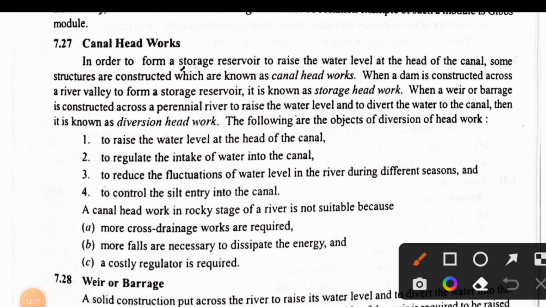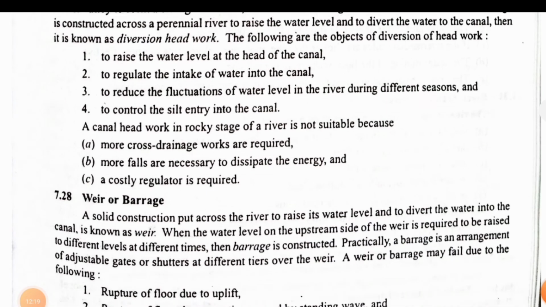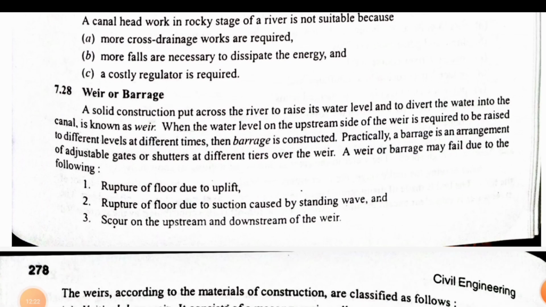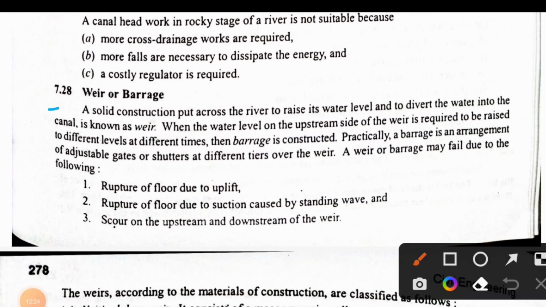Canal head works. Weir or barrage. A solid construction put across the river to raise its water level and to divert the water into the canal is known as weir.